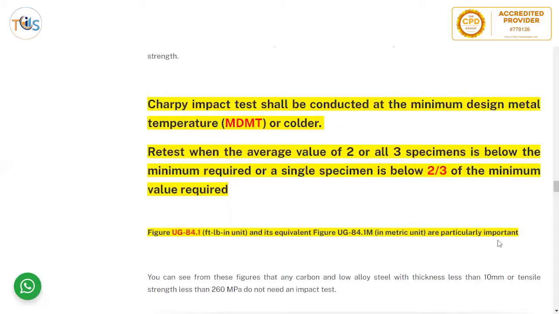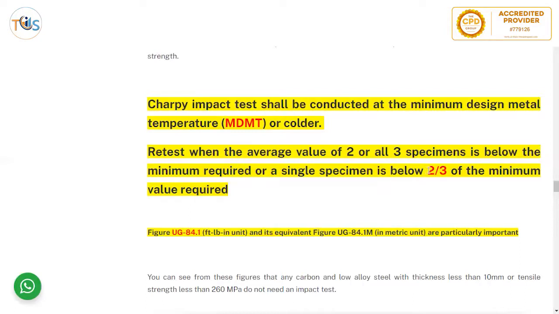And then to find the value, you can go to this UG84. So there are 2 requirements. The average should not be less than that. The average of the Charpy value. And also there is another requirement.